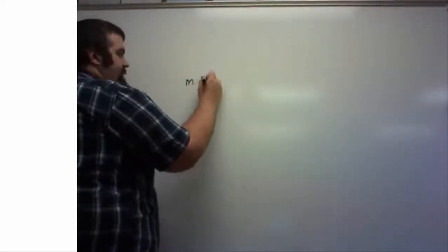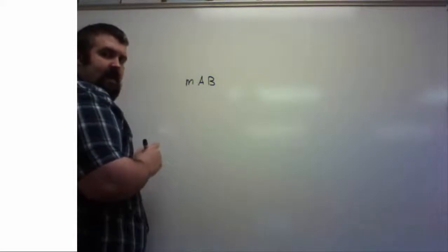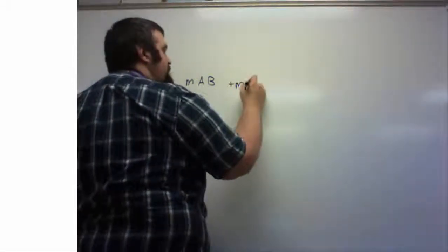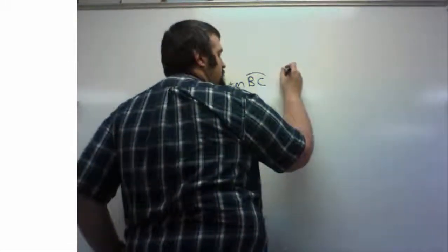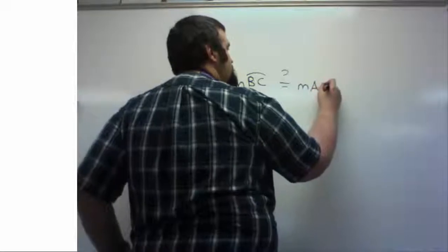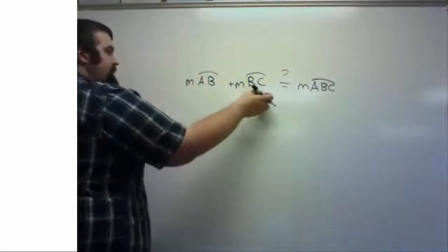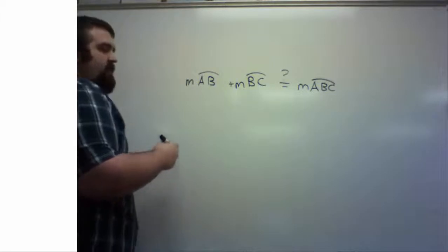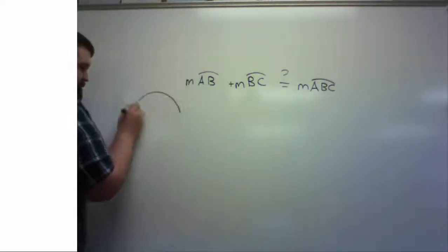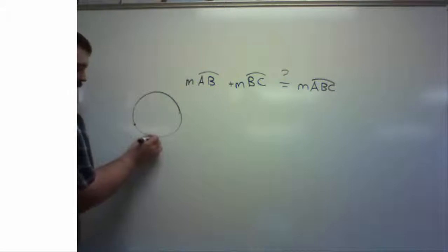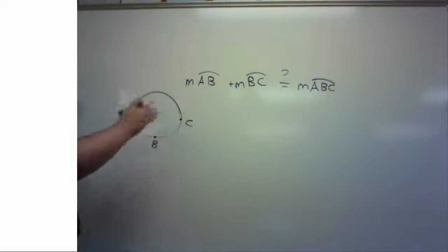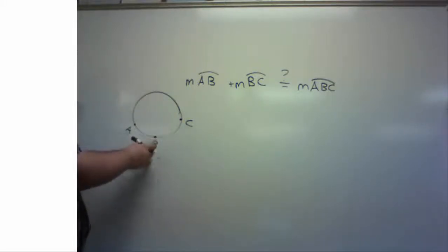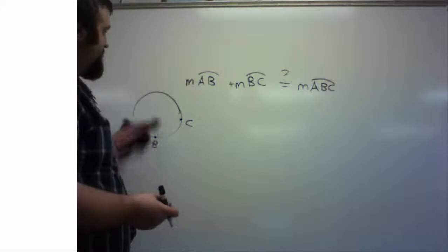If I have the measure of arc AB, and I add that to the measure of arc BC, would that equal the measure of arc ABC? Well, it's from A to C through point B. And no matter how I try to draw my circle, A, B, C, that would have to be adjacent arcs because they have the middle point B. So yeah, I think this is legitimate.